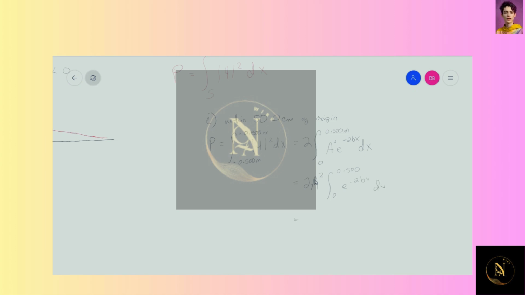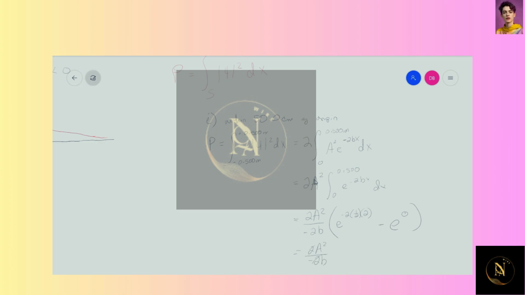That's going to give us 2a squared over negative 2b. And for the integral part, we have e to the negative 2 times 1/2 for the 0.5, times 2 for b, minus e to the 0. So that'll just be 2a squared over negative 2b.